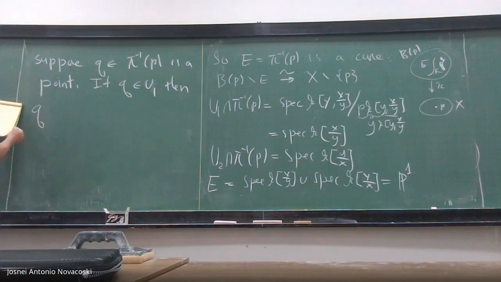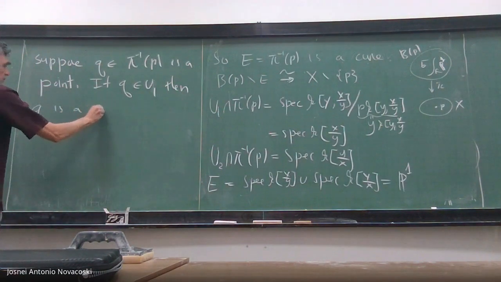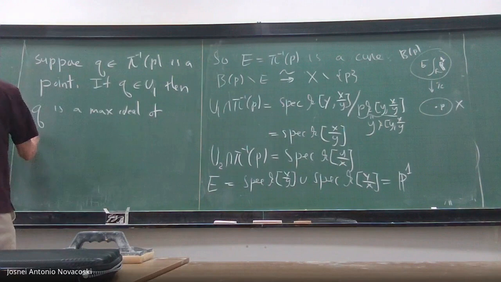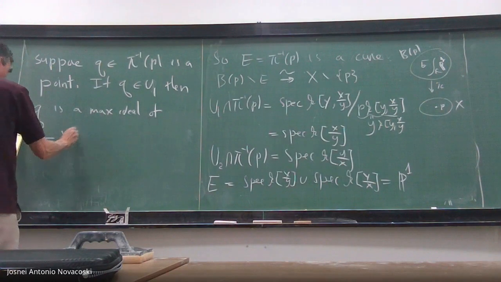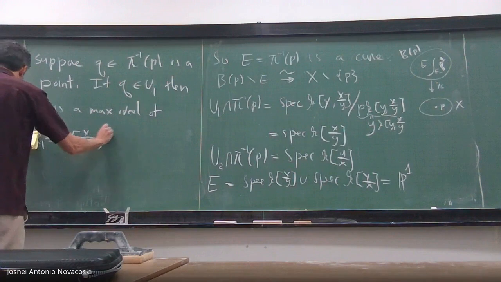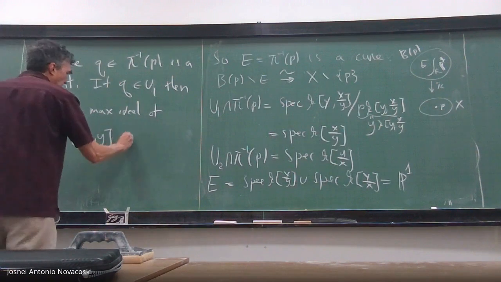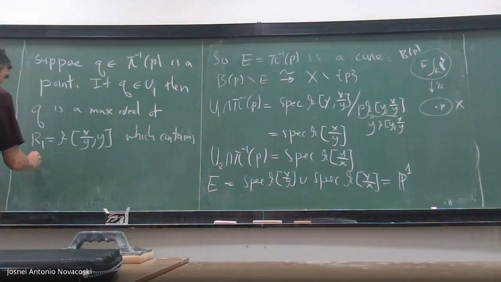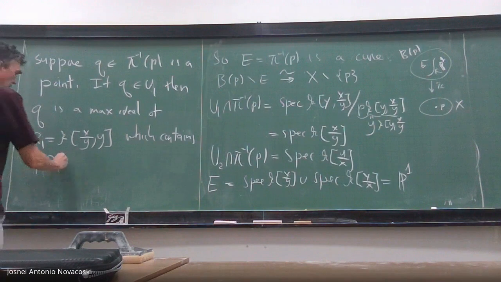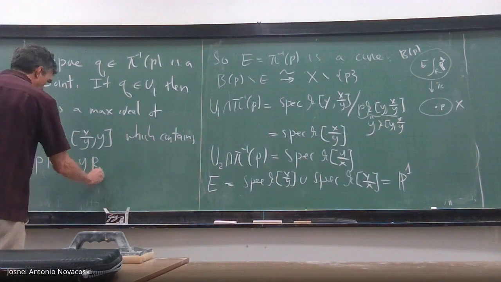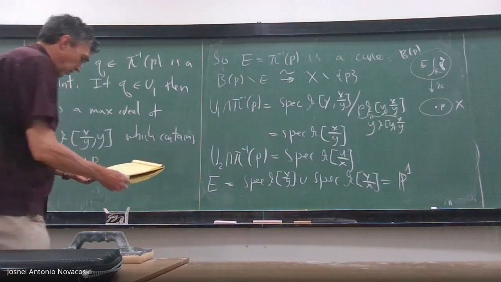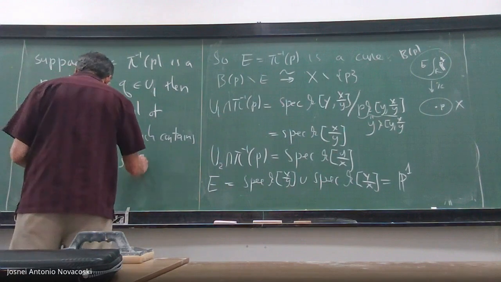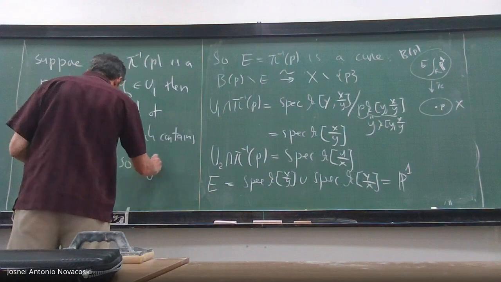Then Q is a maximal ideal of R1 equals K[X, Y/X], which contains the ideal P times R1, which is equal to, remember, Y times R1. Okay, so this tells me, since K is algebraically closed, that the ideal Q has to be of this special form.